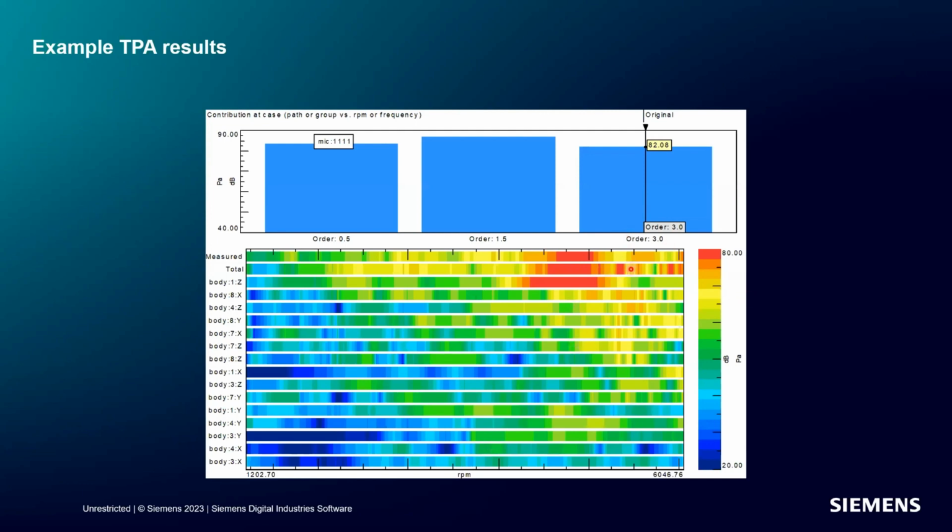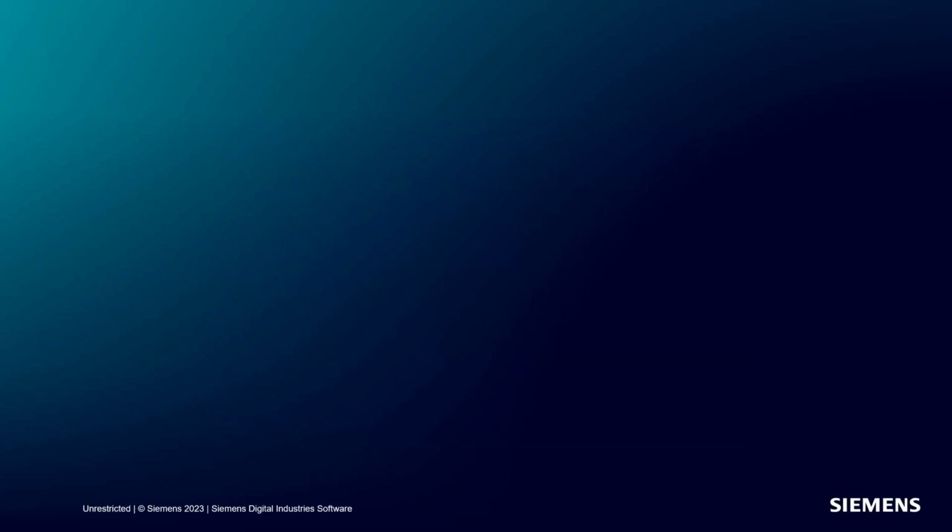And this shows the results of a transfer path analysis. I'll show this live in a few seconds, but each bar here represents the amplitude of a particular path contributing to the total. And we have either RPM or frequency down here, and then the different path names. And we can see, like in this case, this body 1Z is one of the bigger contributing paths because it has pretty high levels at a specific frequency.